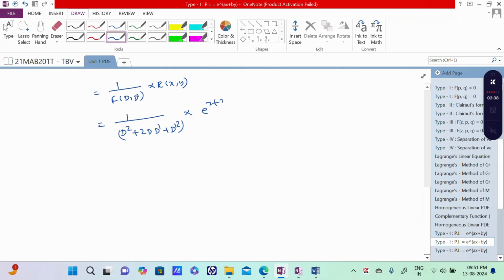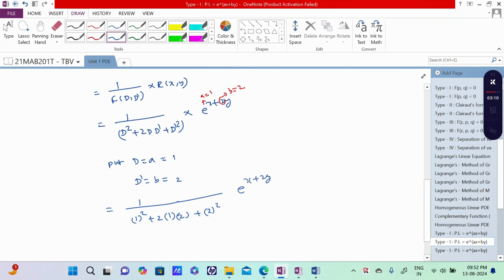In the first type, substitute D equal to a, D dash equal to b. So a is 1 and b is 2. Therefore 1 divided by (1 square plus 2 into 1 into 2 plus 2 square) into e power x plus 2y.